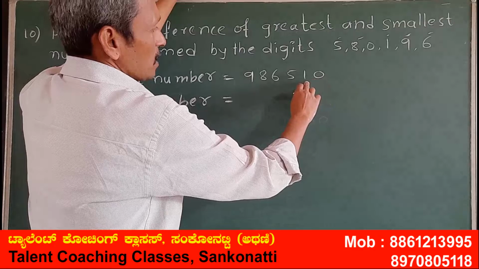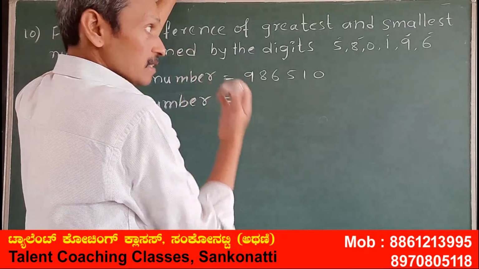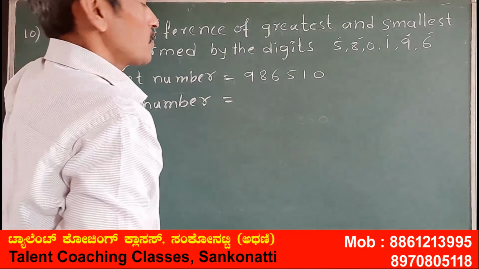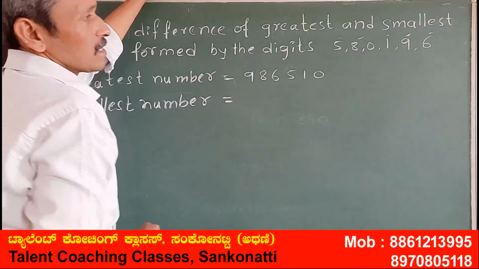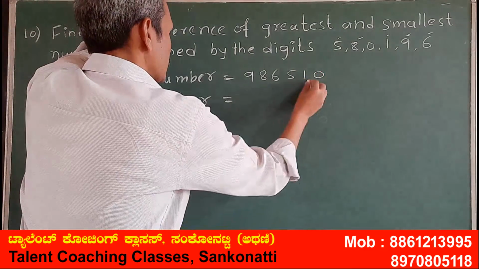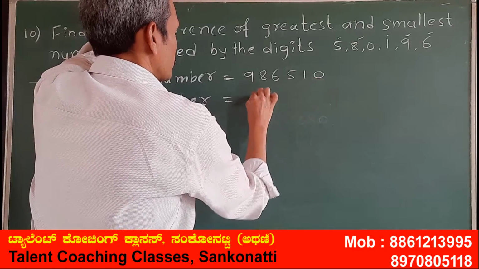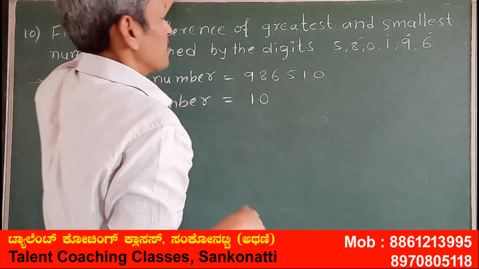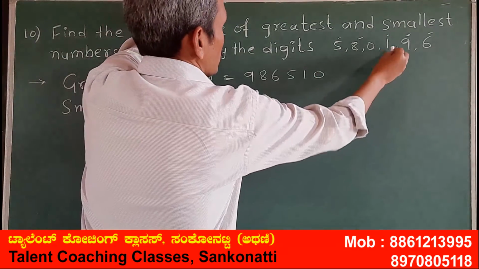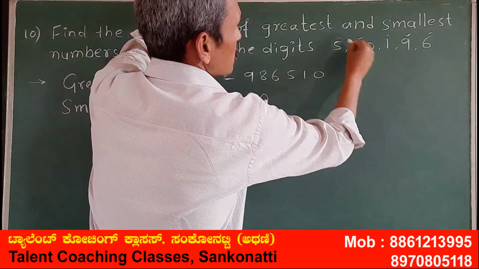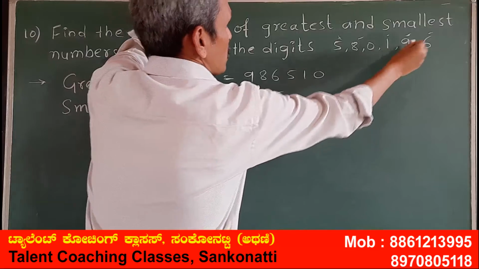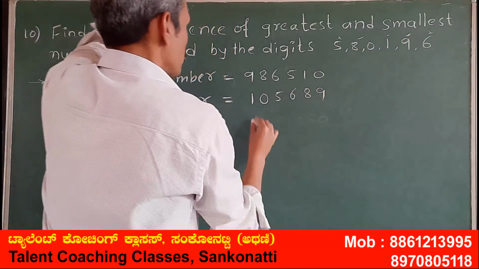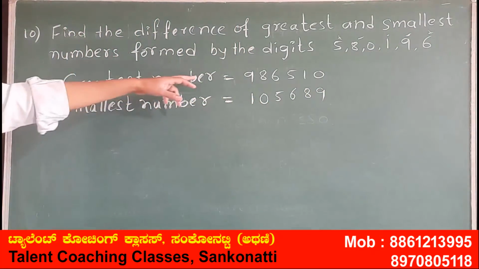So other than 0, we take the smallest digit that is greater than 0, that is 1. We write 1, and in the second place we write 0. Then we write all other digits in ascending order: the third one is 5, next is 6, next is 8, next is 9. So this is the smallest number and this one is the greatest number.